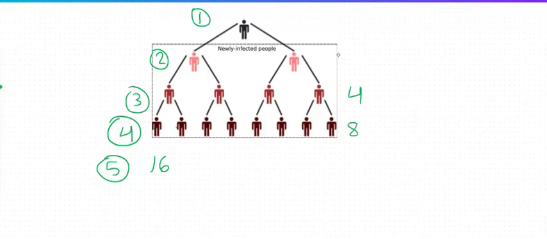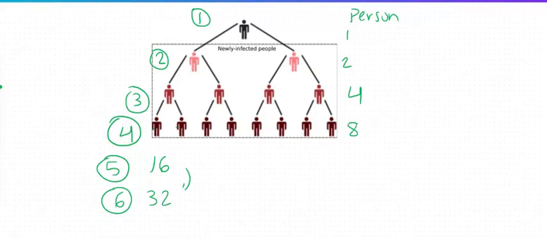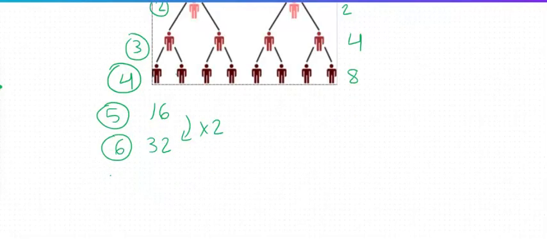Let's write out what we have so far. We have 1 person, 2 people, 4 people, 8 people, 16 people. At the 6th row, we would have 32 people because I'm multiplying by 2 every time. And then the 7th row, I would have 64 people.